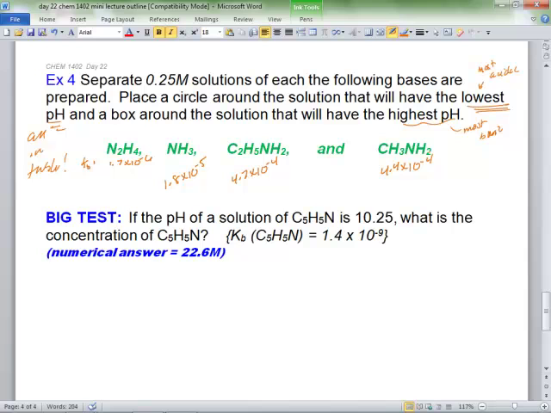Let's do, well, it says place a circle around the solution that has the lowest pH. All right? The lowest pH. So that means the strongest or the weakest base? The weakest. So we're going to circle the weakest base. Which one's the weakest base?